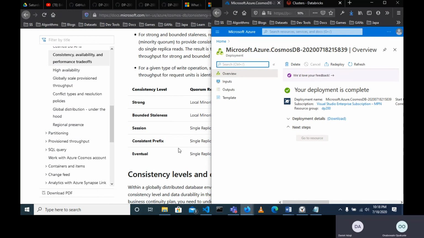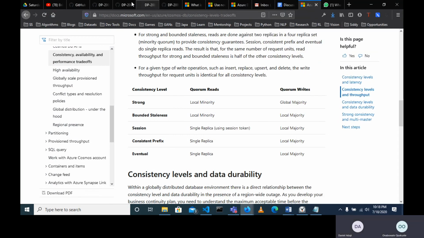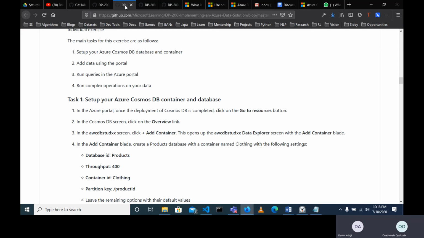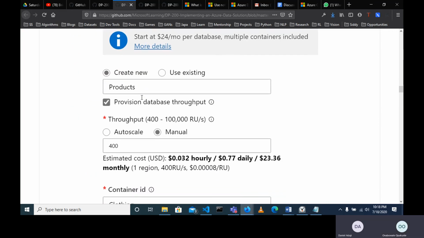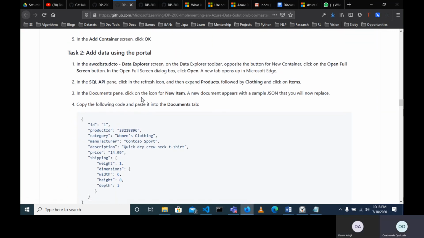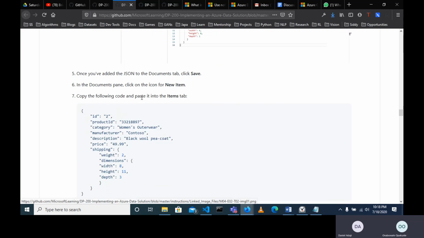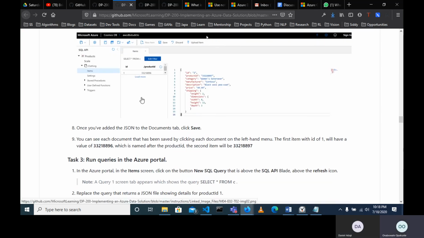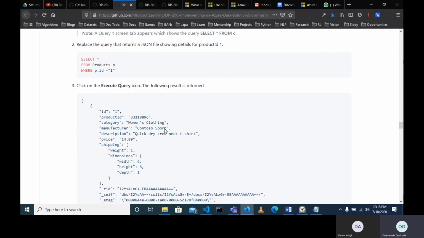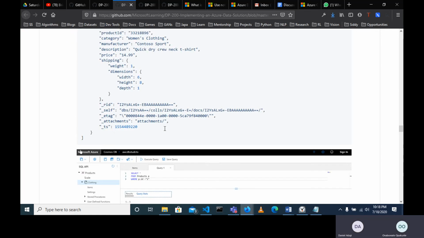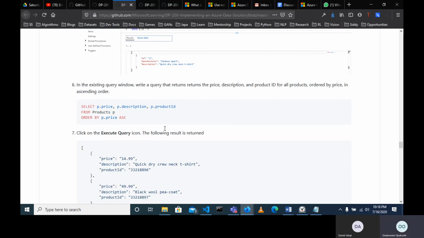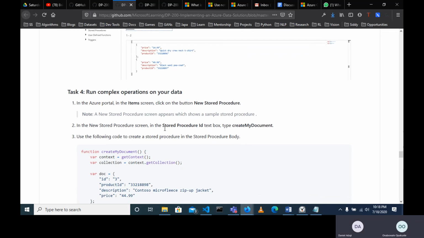Oh, it's just complete now. There are still further tasks down. Just need to add a container and data, then add data in the emulator and query it. Just show how to query it, and that's basically it.